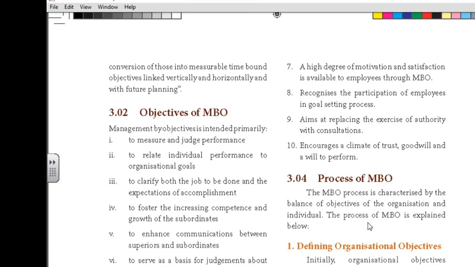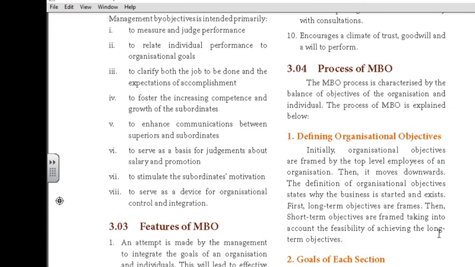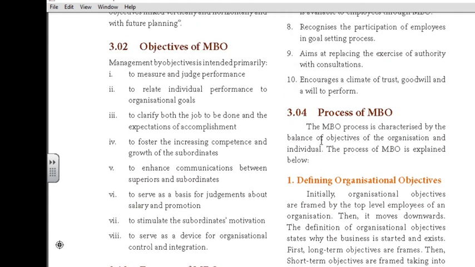Next we saw the objectives, features of MBO and the process of MBO. The rest of the points will be discussed in the next sessions. Students, please note all the key points in your commerce notes so that you can refer to them in future. With this, thank you.